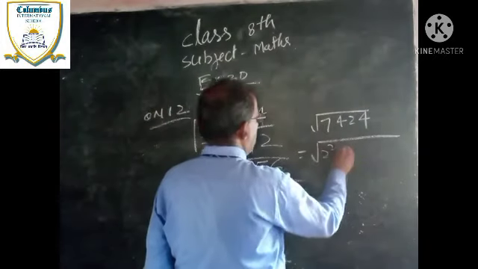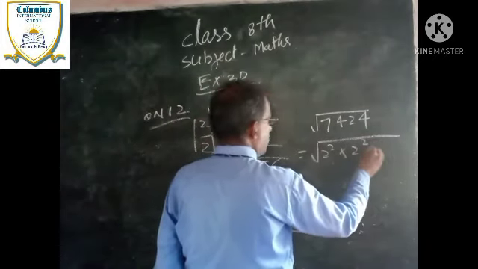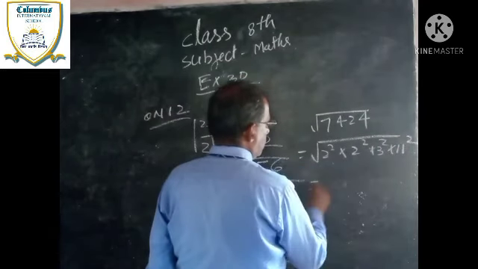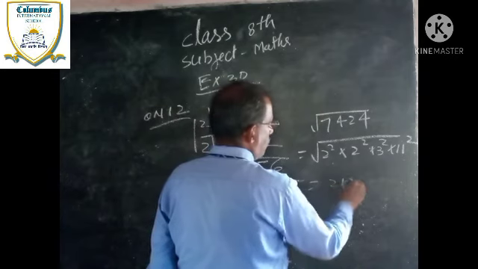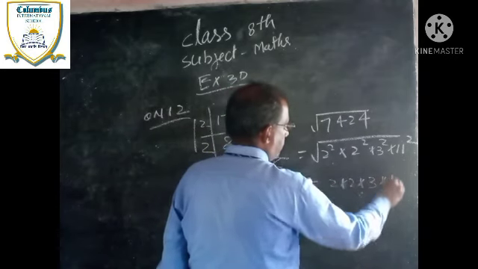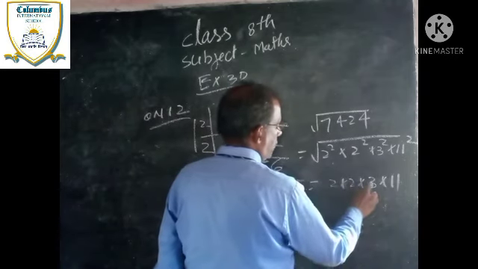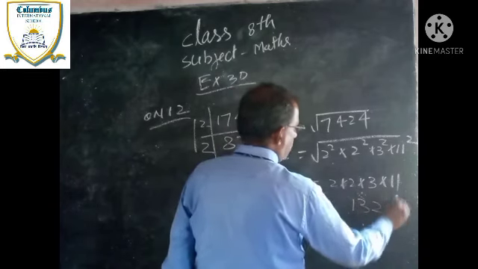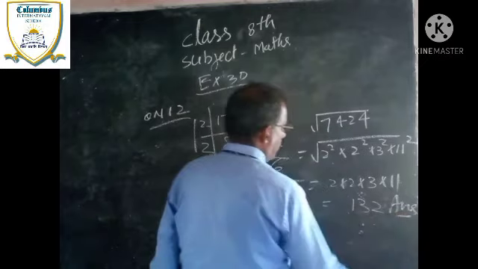Now 2 into 2 into 3 into 11. 2 twos are 4, 4 threes are 12, 12 elevens are 132. The square root of the given number is 132.